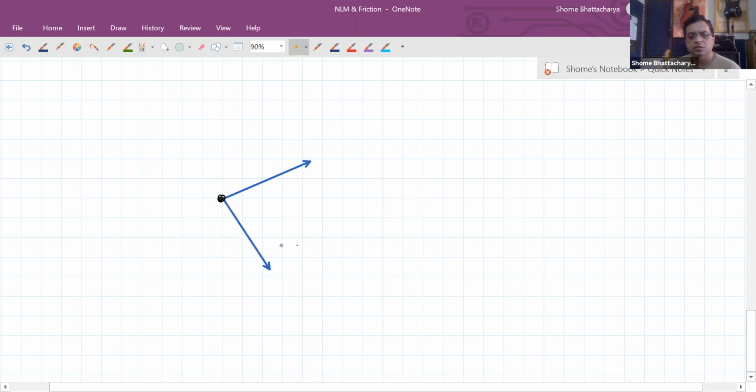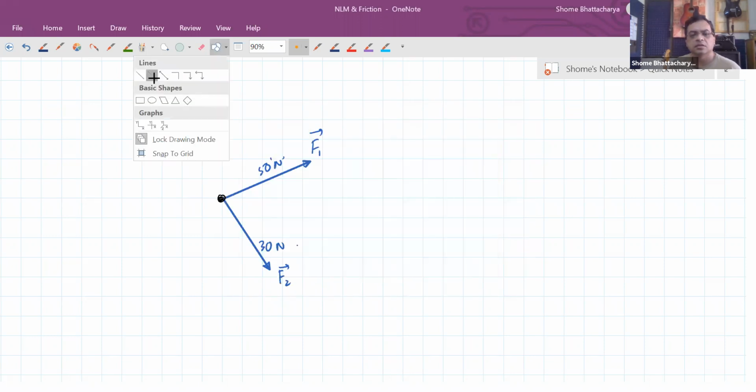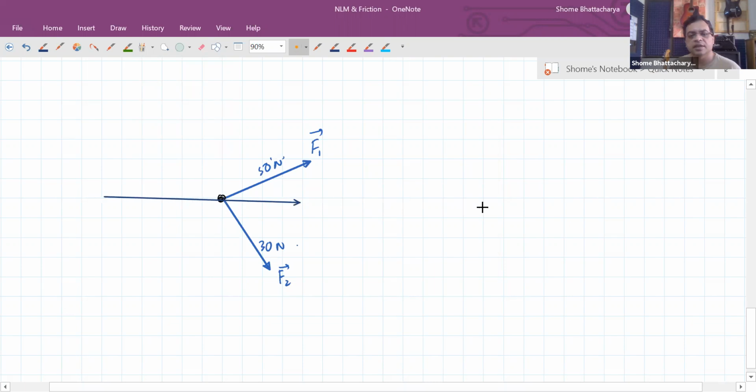These two arrows will be F1, which is of magnitude 50 newtons, and F2, which is of magnitude 30 newtons, such that with respect to my horizontal axis and vertical axis, which I will take as my X and Y axis over here.